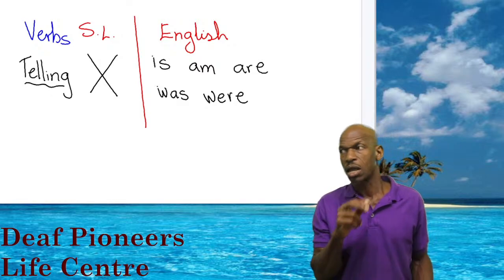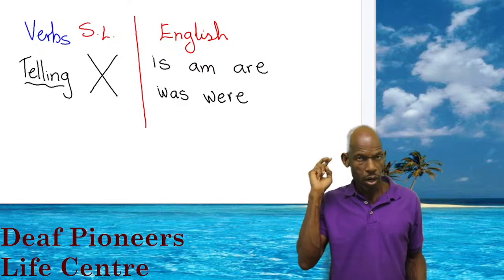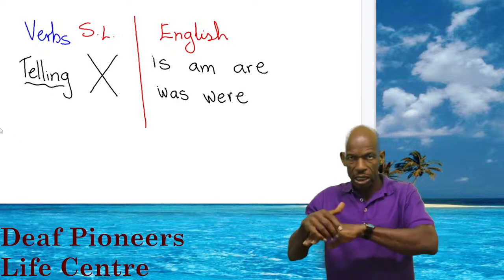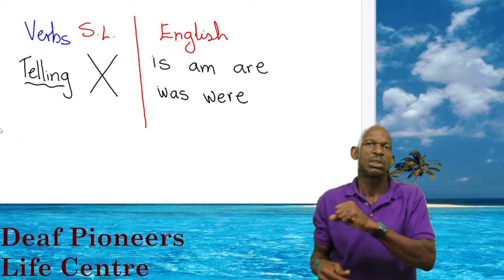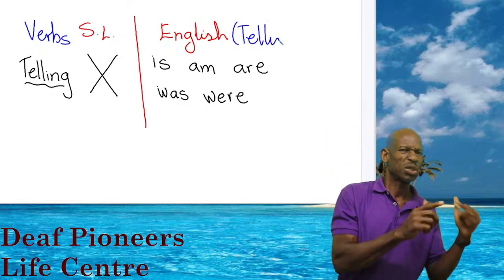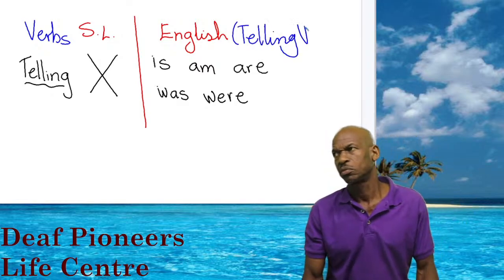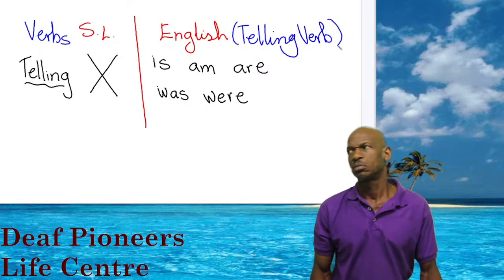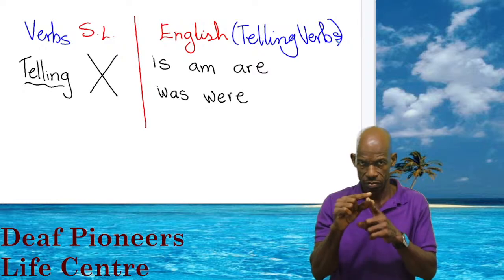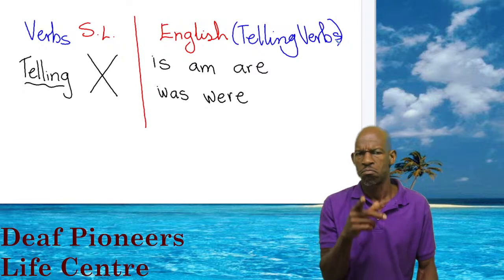We only have telling verbs, and I'm going to say it here, telling verbs in English. So these here are called telling verbs. These are telling verbs. And you will notice you do not use these words when you are signing.